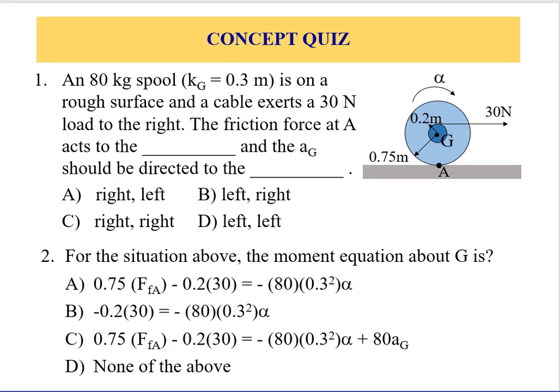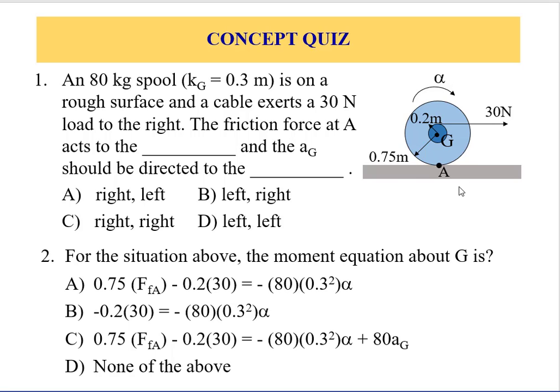An 80 kilogram spool whose radius of gyration kG equals 0.3 is centered at G. We could have a radius of gyration at a different location, but since this is given at this G, make sure that you know what that means.